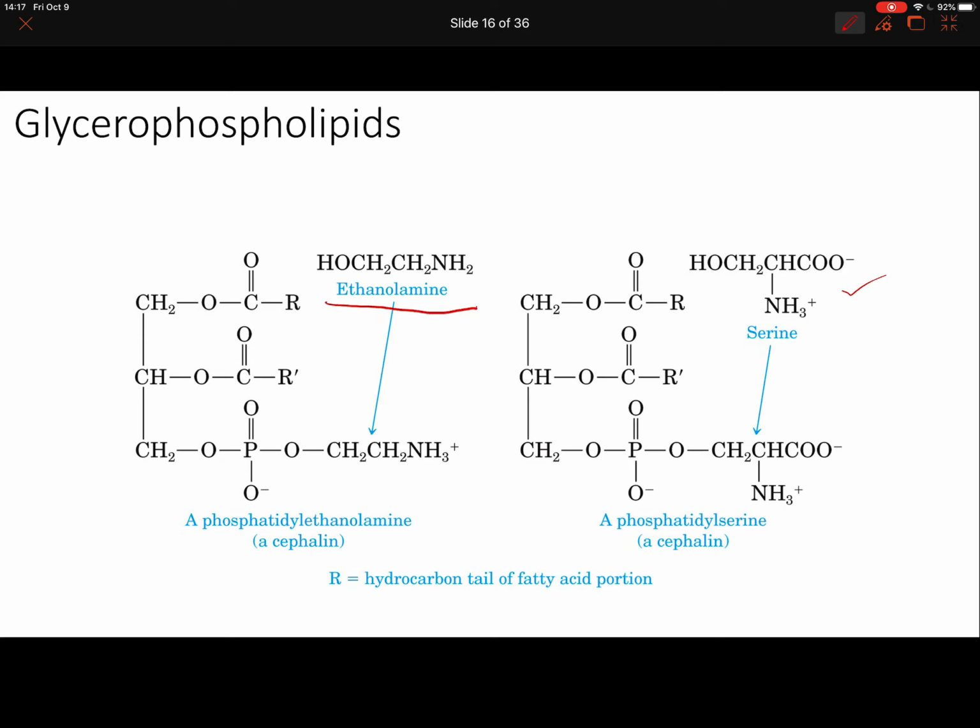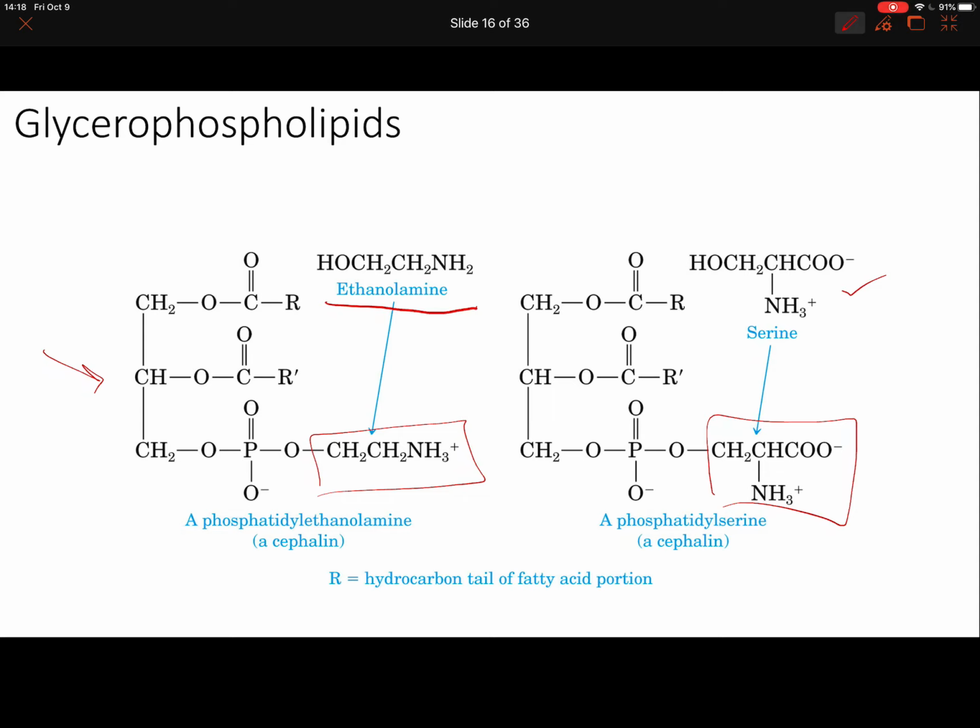And so again, the only difference here from a regular glycerophospholipid, what were we calling them? The ceramide glycerophospholipids, is that the ceramide has a different alcohol here. So these are cephalins. The ceramide, it wasn't a ceramide.